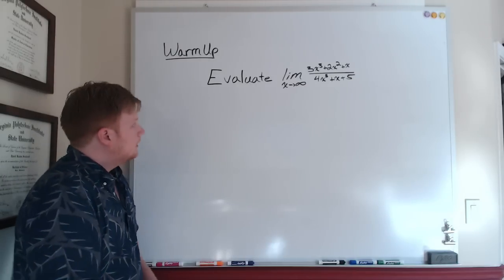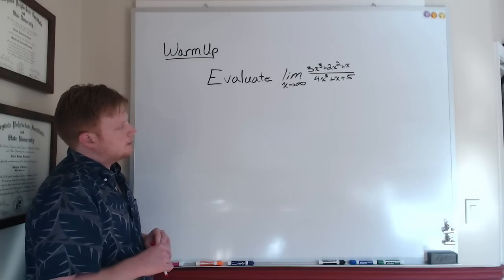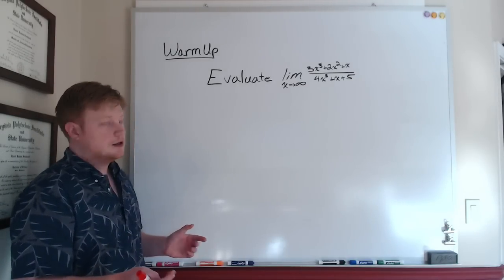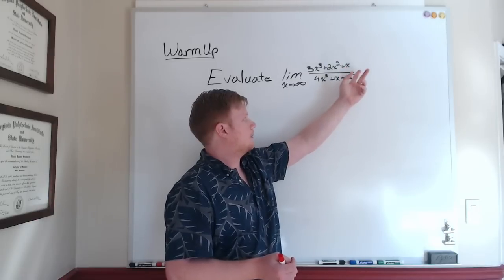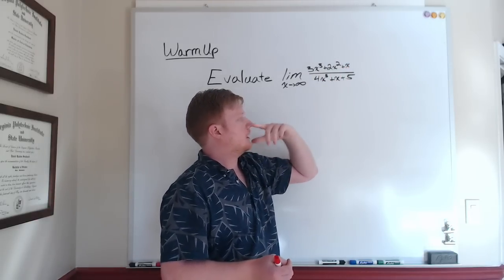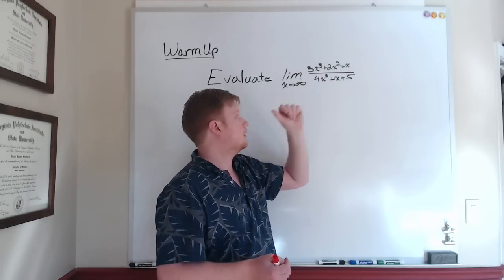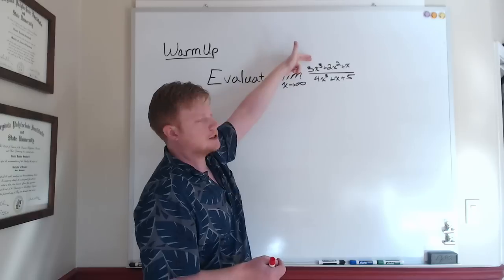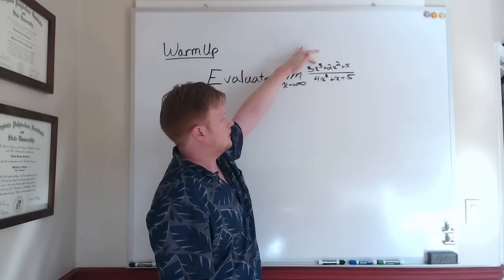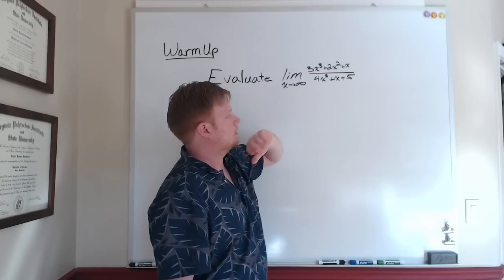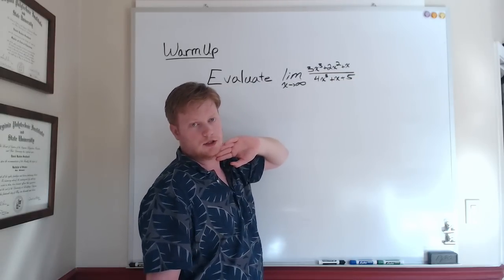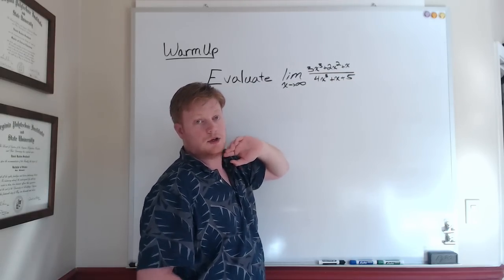Okay. So if you remember from the first lesson, we talked about multiplying the numerator and the denominator by 1 over x, or 1 over x squared, and in this case maybe 1 over x cubed, because that would get rid of the x cubed, and everything would simplify to a rational function whose end behavior we understand.